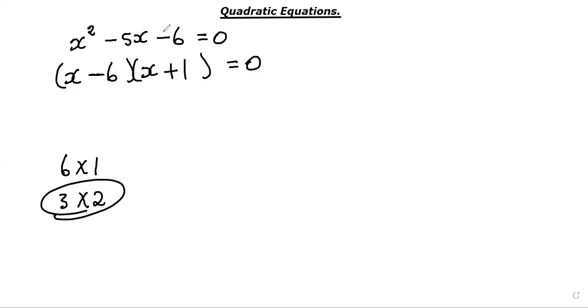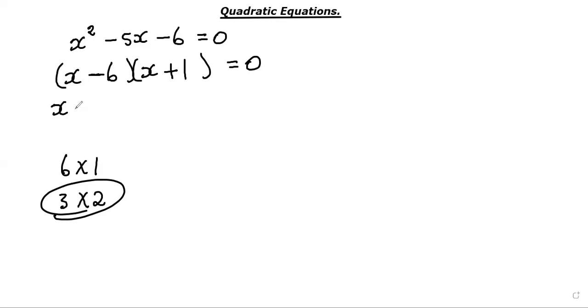However, if your last term is positive, you can expect to have both of your factors positive or both of them negative. That's the difference. Then after factorizing, you have to apply the zero factor law.